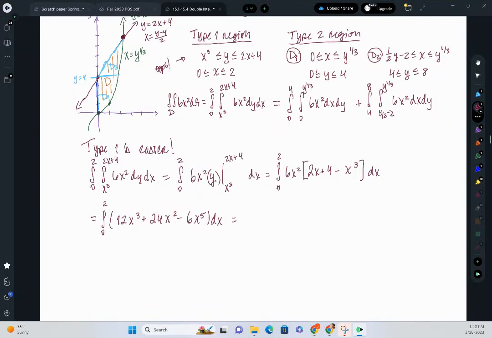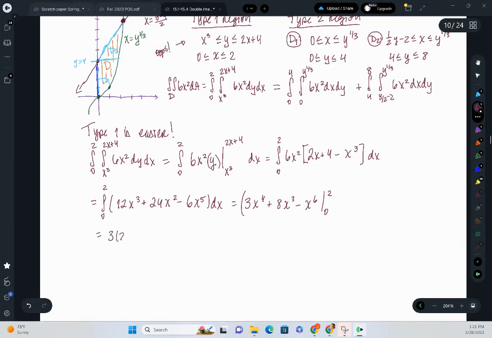All right, the antiderivative of this, we've got 12 times 1/4 x to the 4th, and so 12 over 4 is 3x to the 4th, plus we'll get 24 over 3 x cubed, which will be 8x cubed. And then we'll get minus 6 over 6 x to the 6th, so just minus x to the 6th, from 0 to 2.